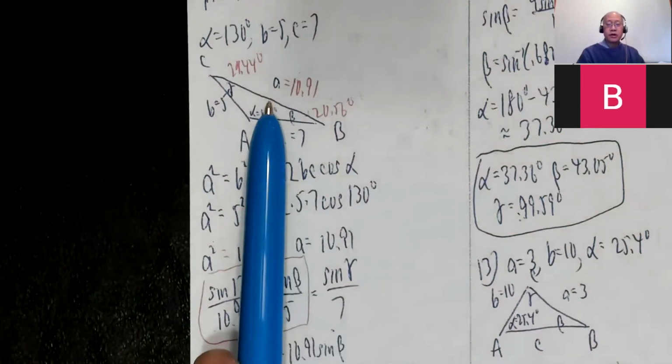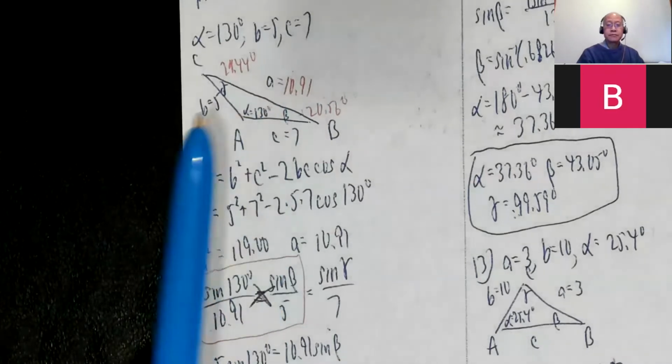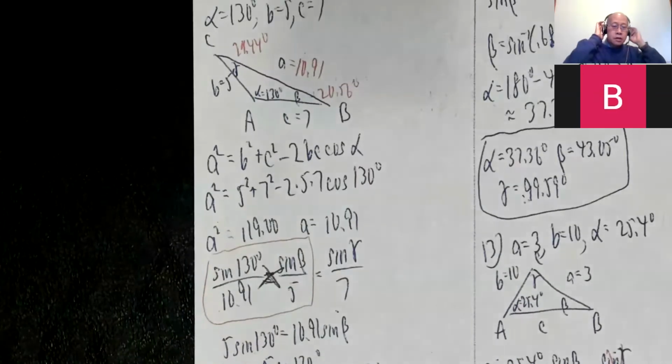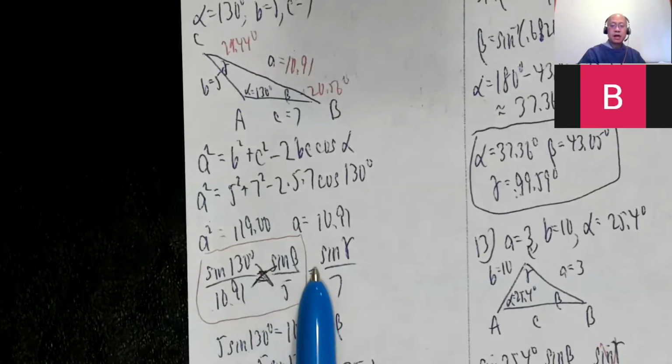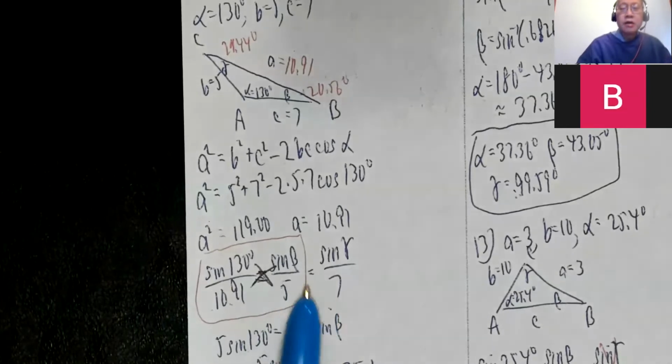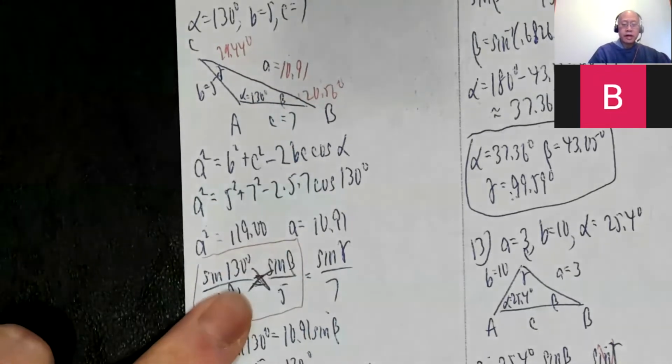Okay, 10.91. Now that I have that, I can switch over to law of sines. Sine of 130 over 10.91 equals sine of beta over 5 equals sine of gamma over 7. If I did not have that 10.91, this would have been just little a, right?